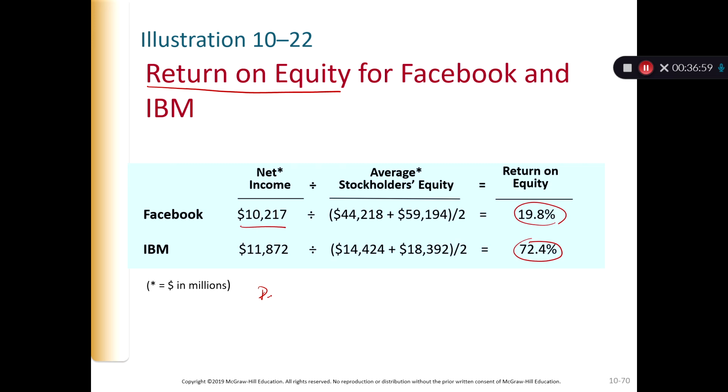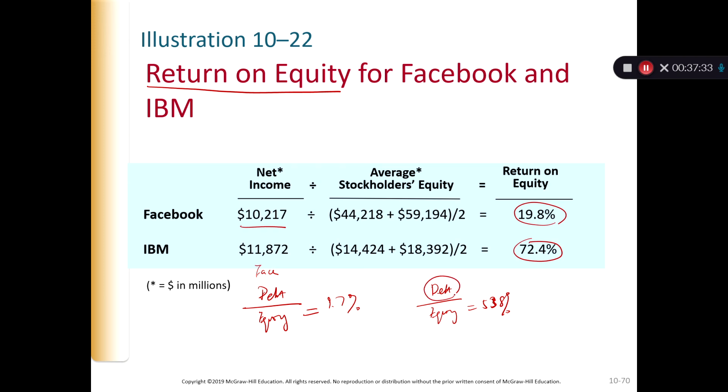If you compare debt to equity, remember that capital structure ratio shows how much external funding comes from whom. So the debt to equity ratio for Facebook is only 9.7%, and for IBM it is 538%.